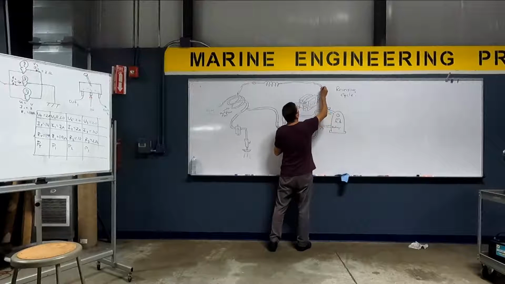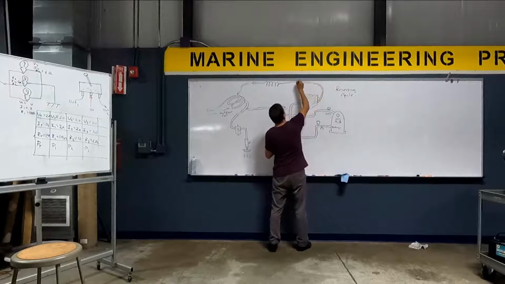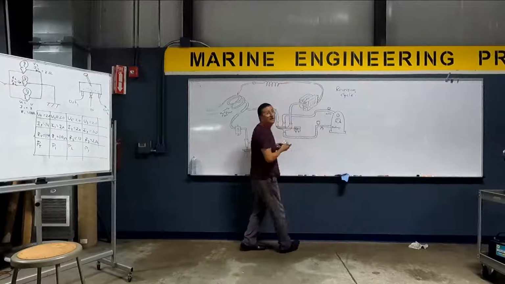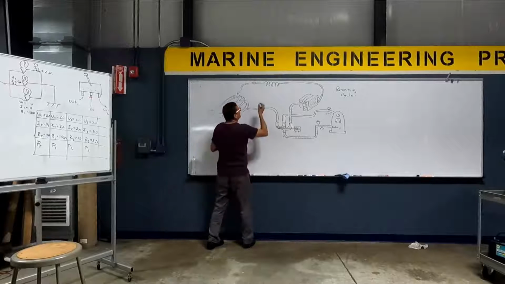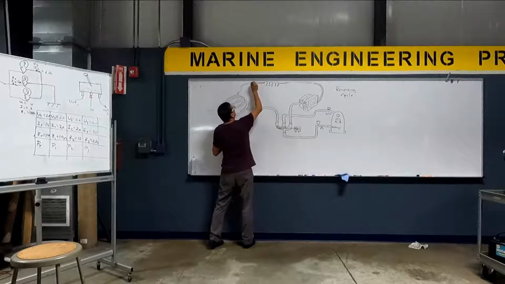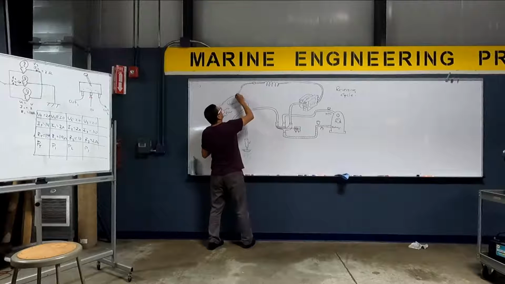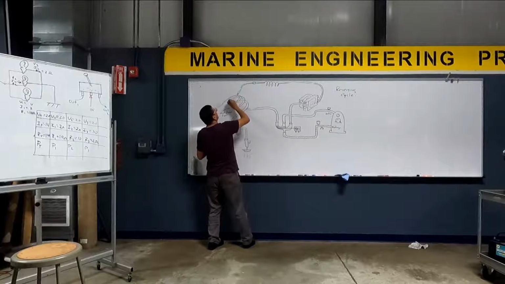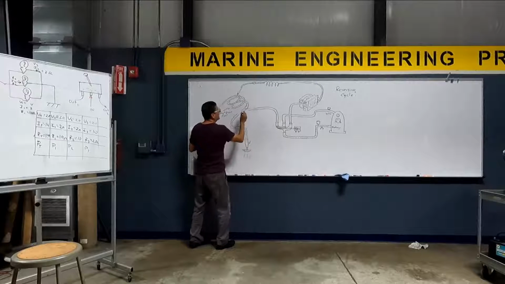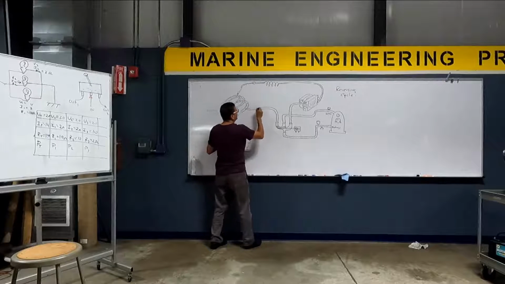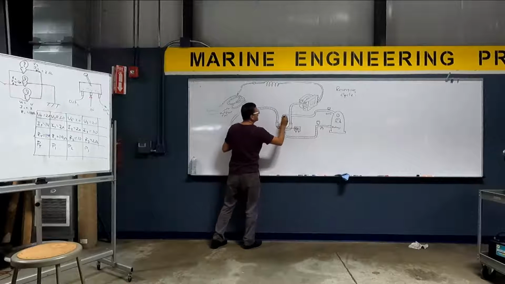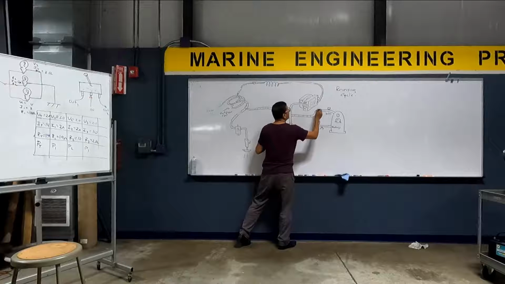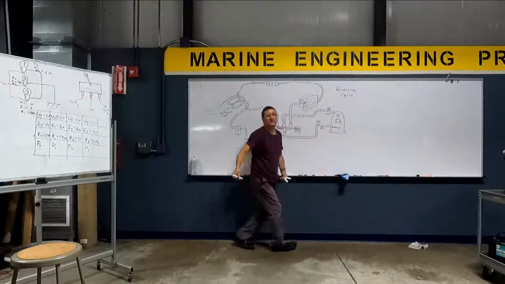And now liquid here, liquid here, until the expansion valve. After the expansion valve is liquid, and starts to evaporate here. And what happened? Vapor enters here, and returns vapor to the compressor.